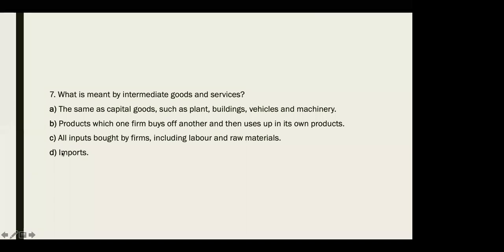And option B, products which one firm buys from another and then uses up in its own products. It is like intermediaries. For making a book, you need to buy paper from one firm and then make a book. So paper is an intermediate good here. So option B is the correct one.